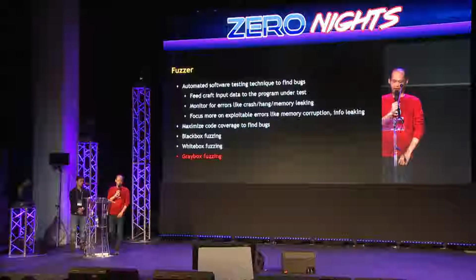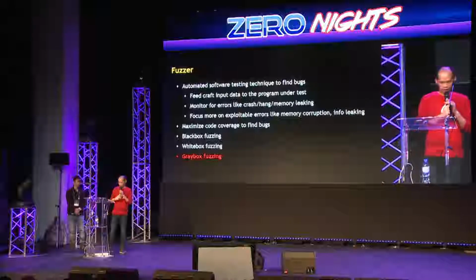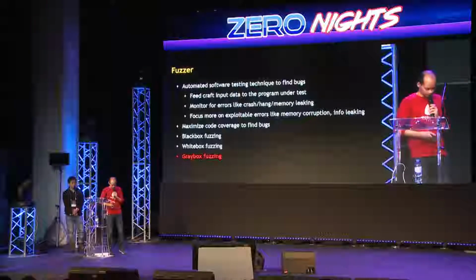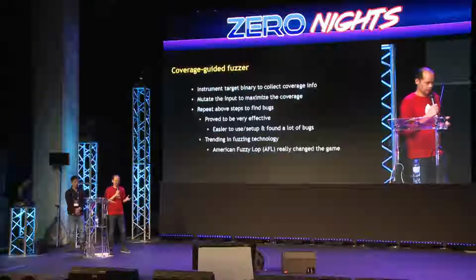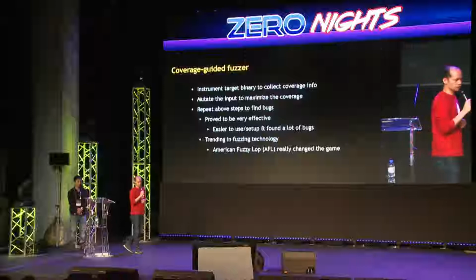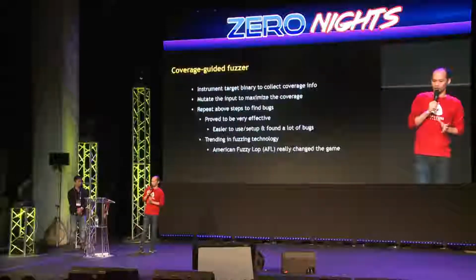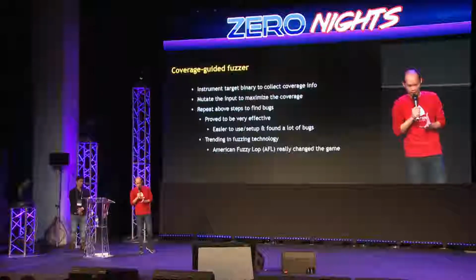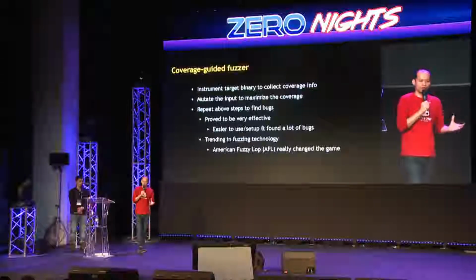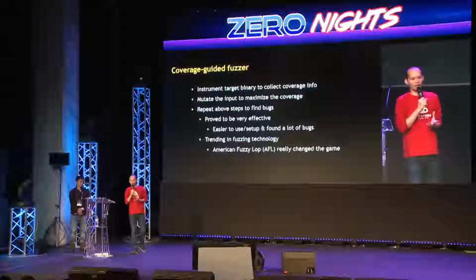The third type of fuzzer is the gray box fuzzer, and this is our focus in this talk. Another name for the gray box fuzzer is the coverage guided fuzzer. For this kind of fuzzer, we try to build a smarter fuzzer than a black box fuzzer, but we do not use heavy techniques like a white box fuzzer.